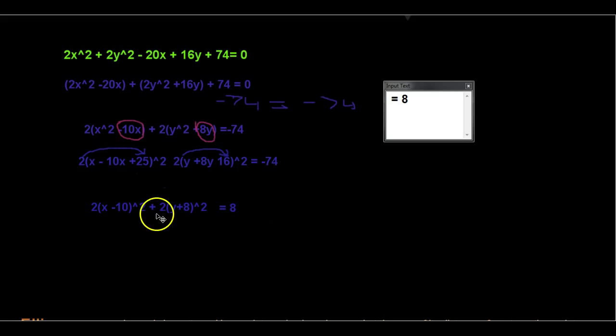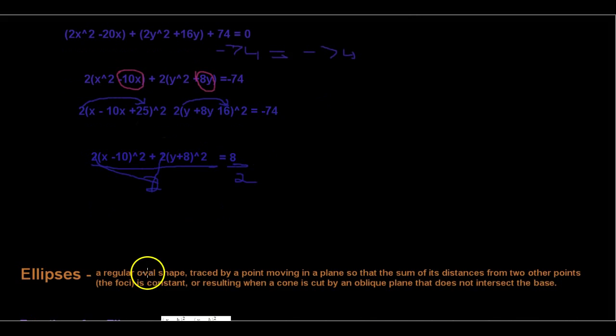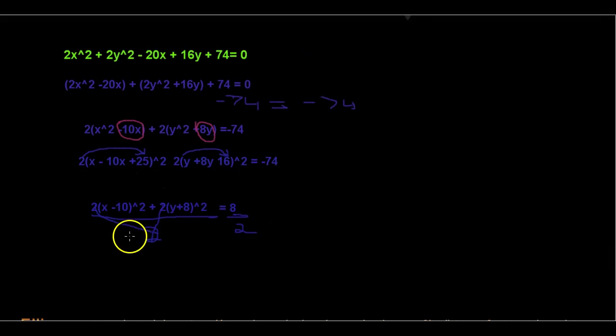But one of the final steps we have to do here is divide this all by 2 to get this even here. So these cancel out, and these cancel out, leaving 8 divided by 2, which is going to be 4. So now we have x minus 10 squared plus y plus 8 squared equals 4.